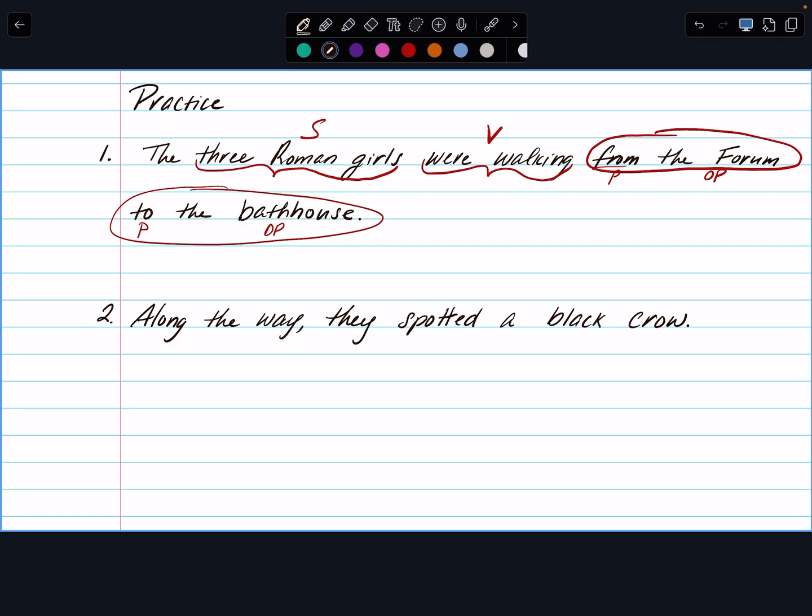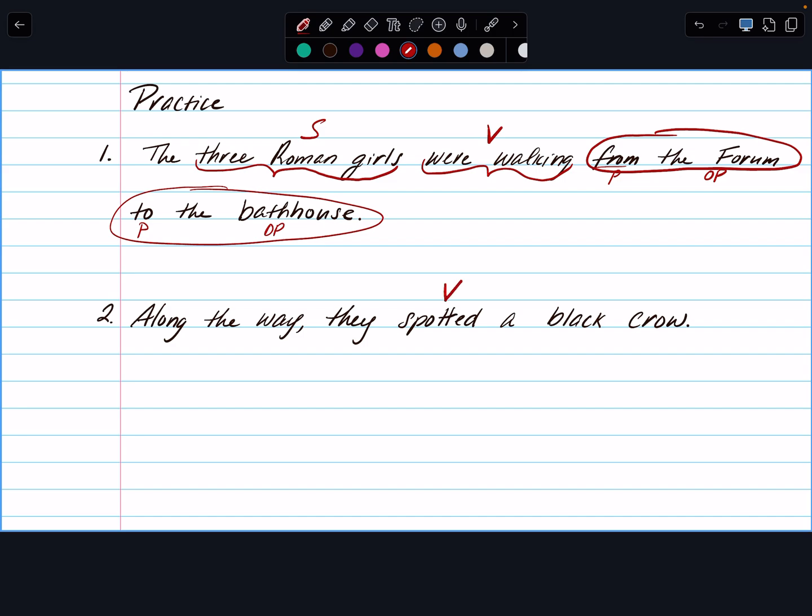Now remember, anytime you see a sentence, it's always good to find the verb first. So what's my verb here? Kim, what do you think? Yeah, brilliant. You got it. Spotted, we're going to mark with our V.